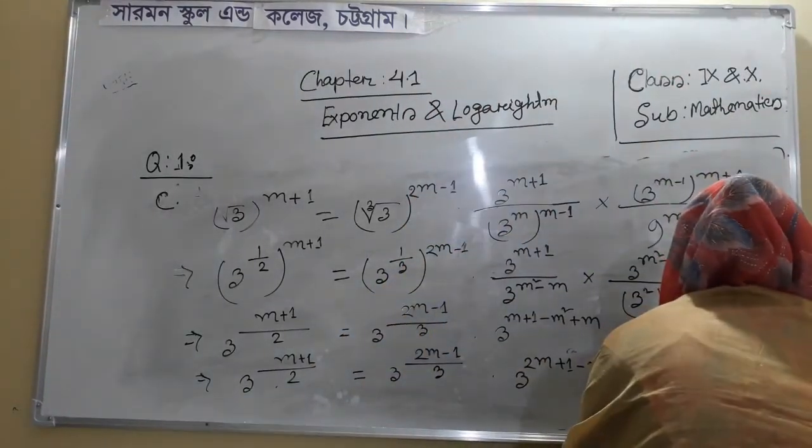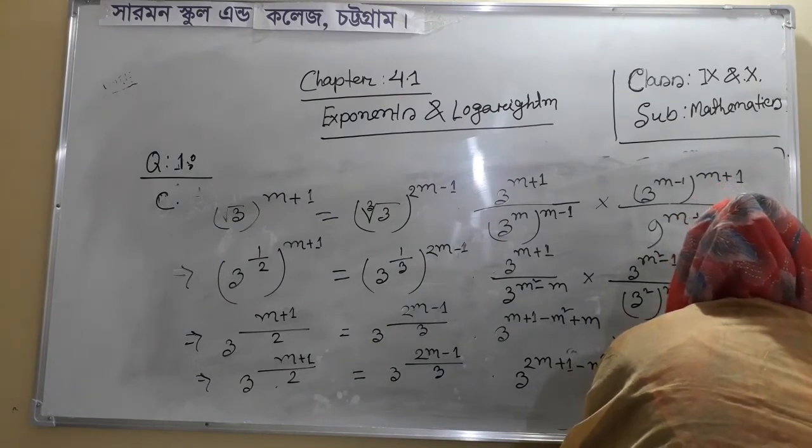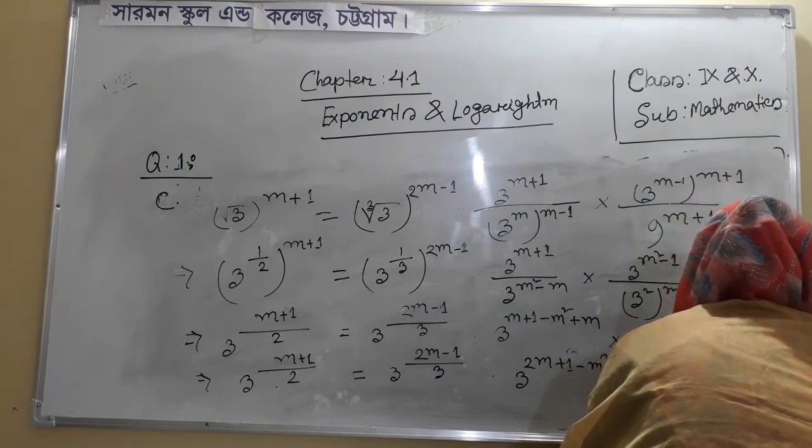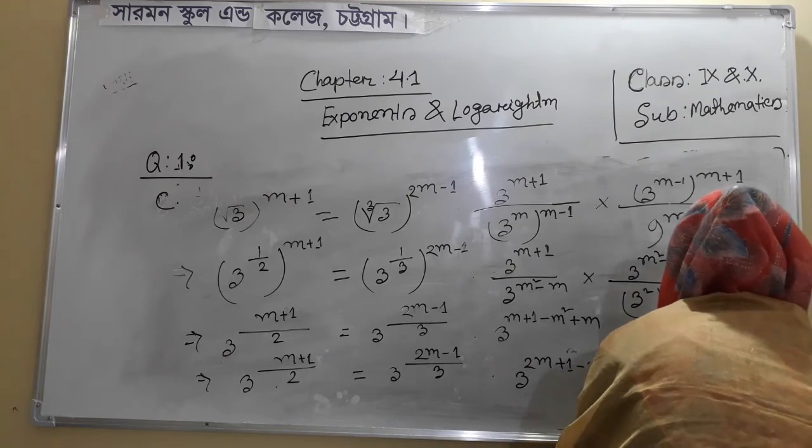Here we apply the formula a to the power m divided by a to the power n equals a to the power m minus n.